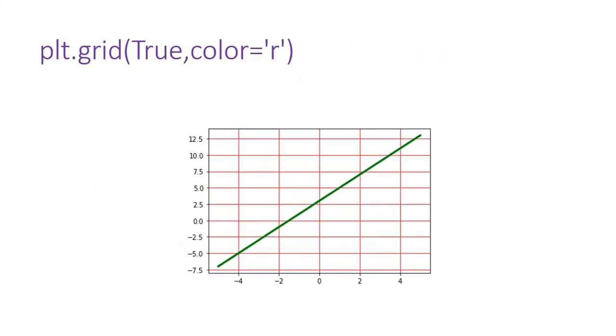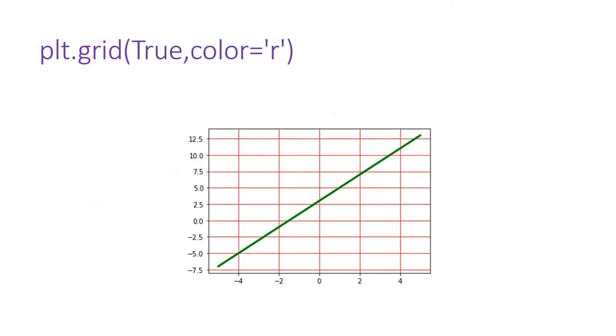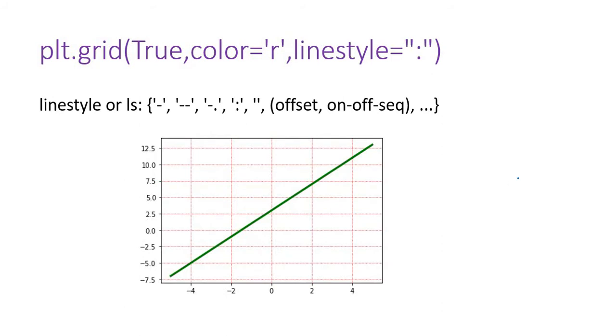Other than color, you can also decide line style, line width. Suppose I want this particular line style. There are various line styles available. Say I just want hyphen dot. That also I can do.